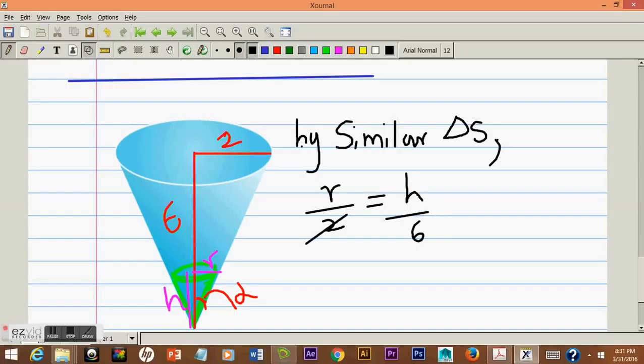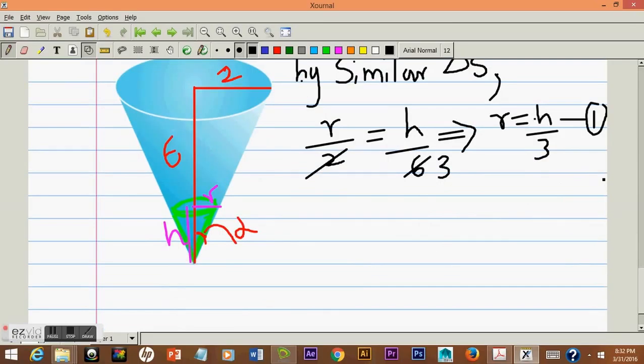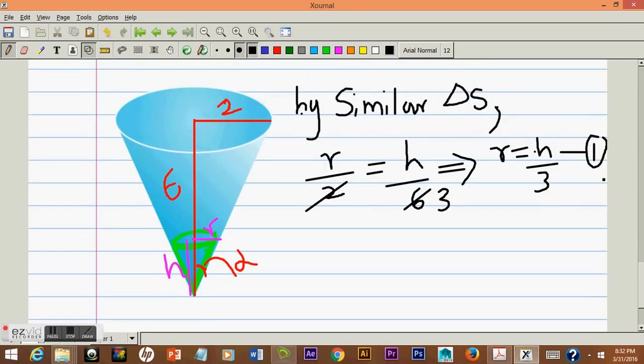This is the similar triangle principle, so we simplify the denominators and we get r equals h by 3. We take this as equation 1. What is the reason we are making r the subject, r equal to h by 3? Why can't we subject h equal to 3r? Because we only have dh by dt and the h value. We don't have any relationship with r. So it's better to make r the subject.